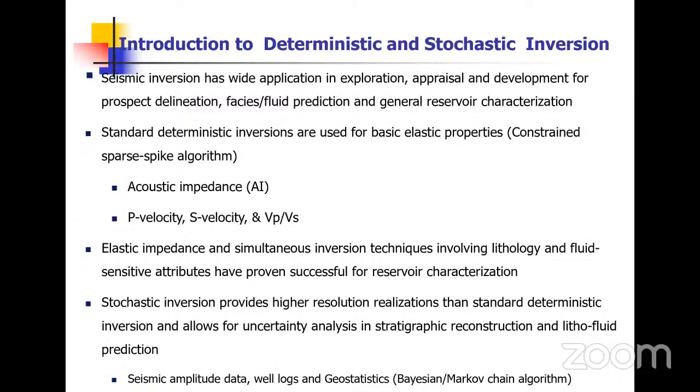Why are we doing stochastic inversion? Why are we interested in stochastic inversion? The truth is that on average, any sand body that is less than 50, 60 feet, it might not be resolvable on your seismic. We have inherent challenges in seismic acquisition and parameter setting.